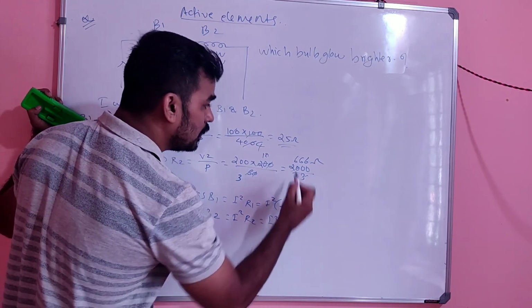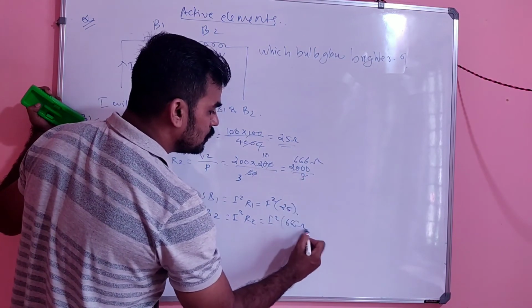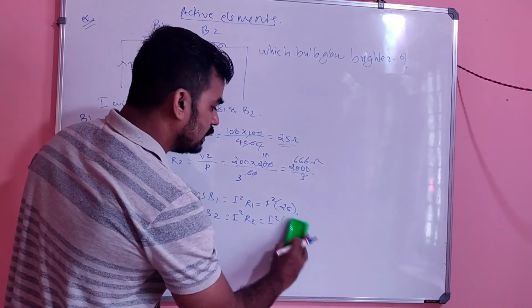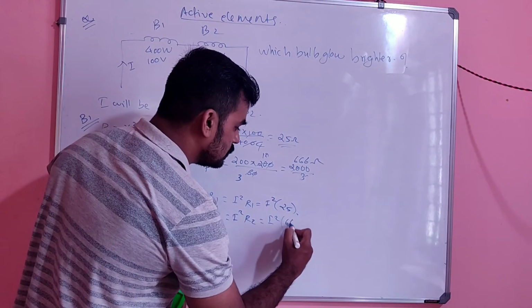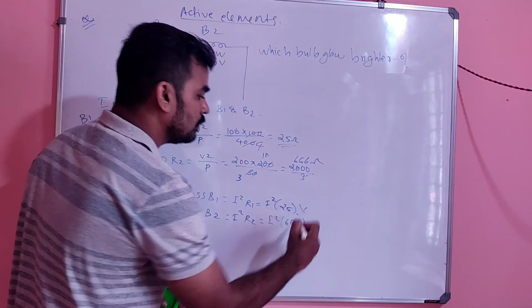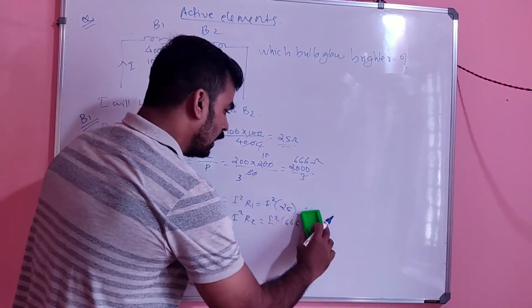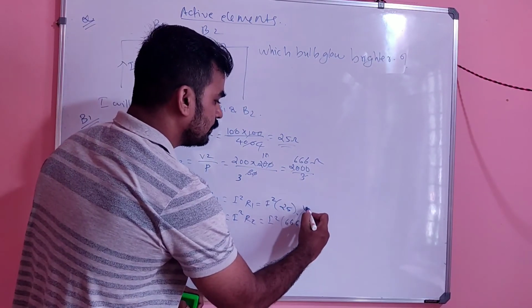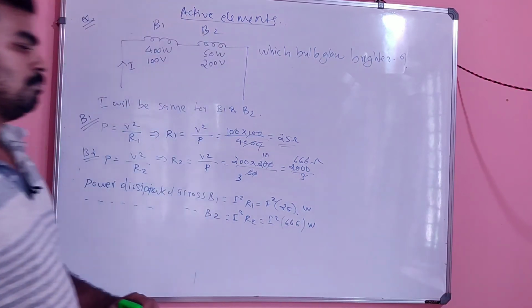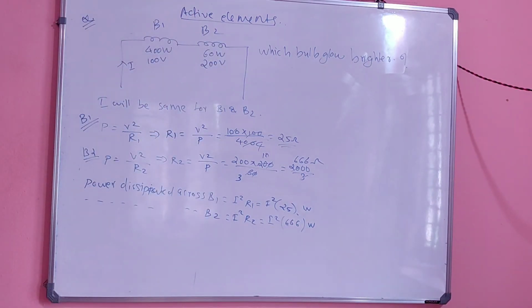I square into R2 is this much ohm, 666 ohm. So I square into 666, this much watt. Power means it is watt, power dissipated. Or joule.